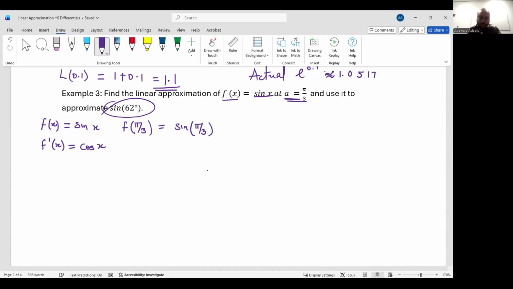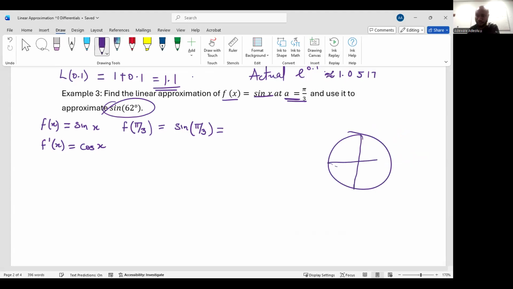So from the unit circle, sine of pi over 3. Remember, you have it this way. Okay, that's too rough.